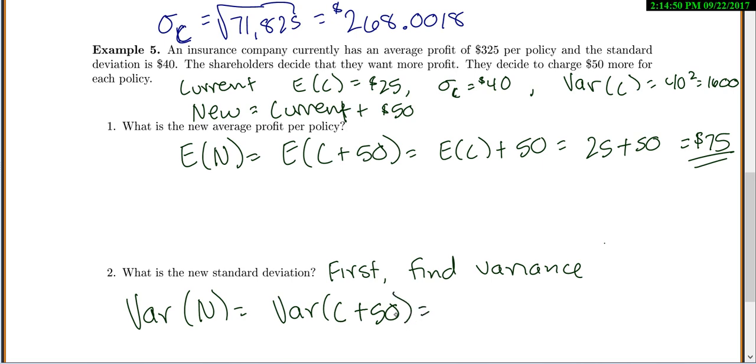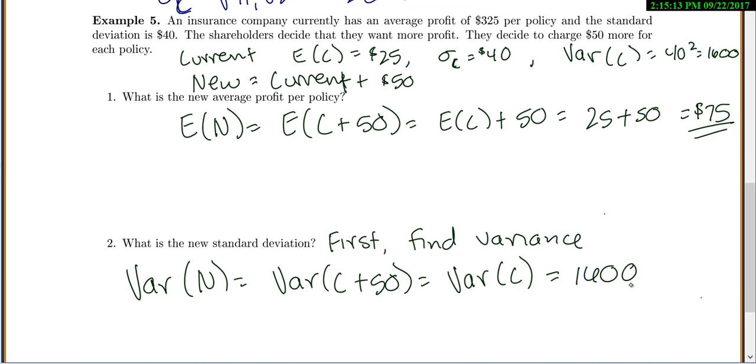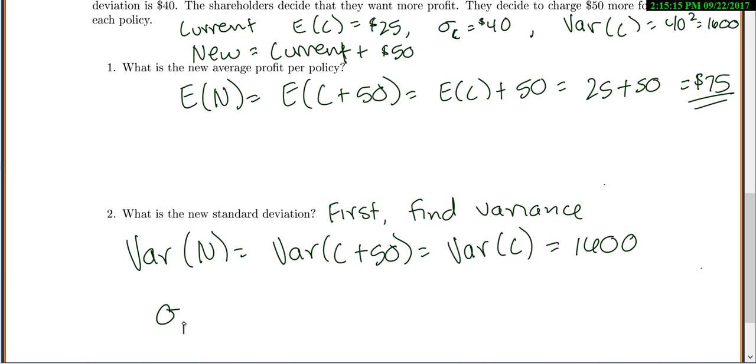But when you have this plus 50 inside of variance, it doesn't actually matter. It just disappears. The reason why is if you add the exact same amount to each person's policy, it doesn't change the spread of the values. They're still the same amount spread apart, so the variance doesn't change. So that variance is 1600. Now to find the standard deviation for the new, just take the square root of that, which gives you 40.